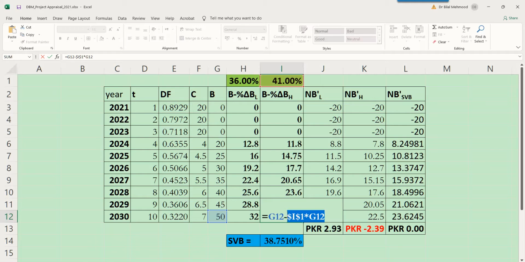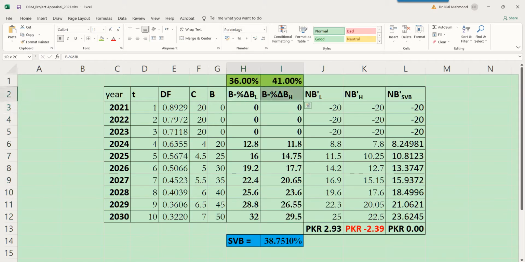This is again the verification of the formula, if it is true or not, and it seems that it is true. So now we can use both of these new benefits columns to calculate the net benefits at lower change in benefits and at higher change in benefits.